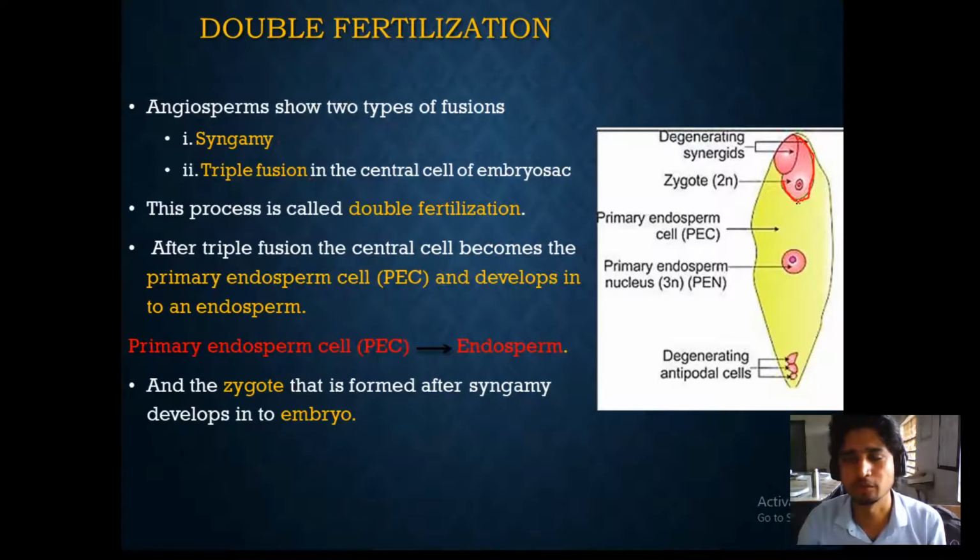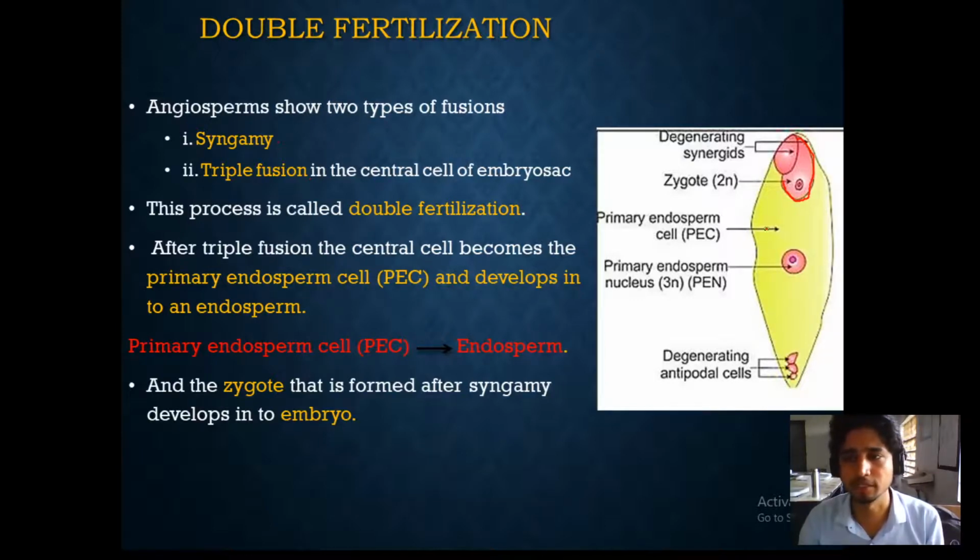The zygote is going to develop into embryo. In the central cell there is the primary endosperm nucleus, which is triploid, and it is undergoing division further. On the other side, in the chalazal end, the three antipodal cells are degenerating. This is how the embryo sac looks after fertilization.